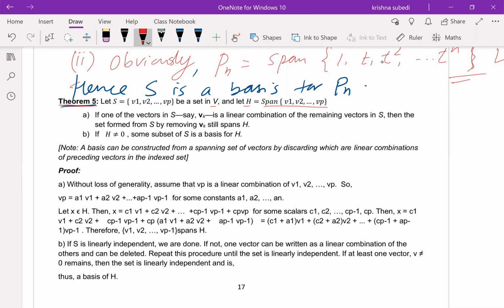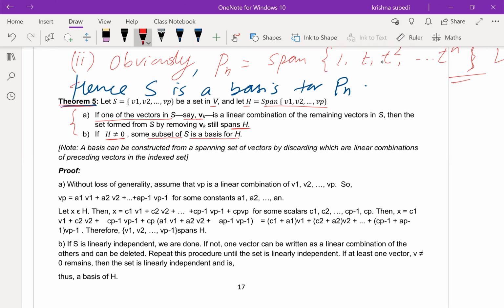Now, if one of the vectors in S, say b sub k, is a linear combination of the remaining vectors in S, then the set formed by removing b sub k from S still spans H. And if H is not equal to 0, some subset of S is a basis for H. And this is the theorem that we'll be using.